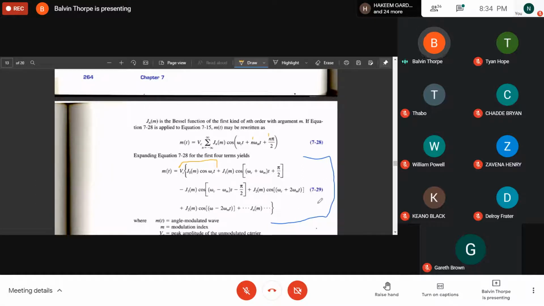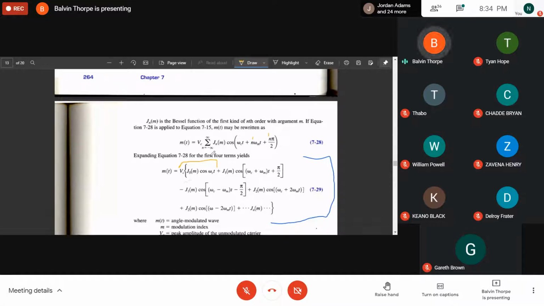This function shows you some clear things. First of all, always be mindful that VC multiplies everything inside the bracket, everything that is summed. Okay? So here we go.